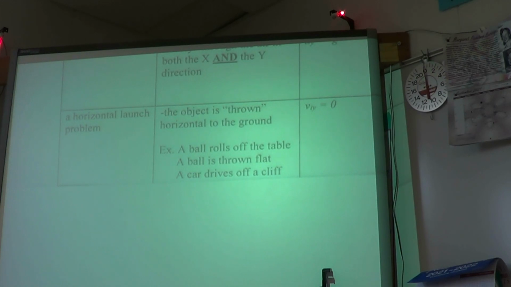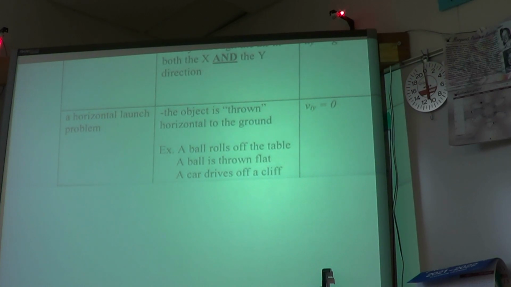Other examples of horizontal launch wording would be a ball rolls off the table, a ball is thrown flat, a car drives off of a cliff. Those are all examples of an object about to go through 2D motion, but not at some angle, horizontal.